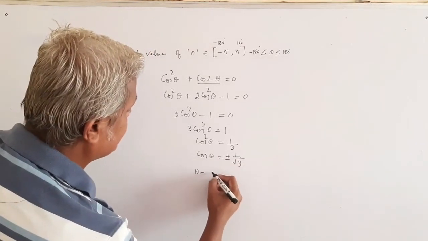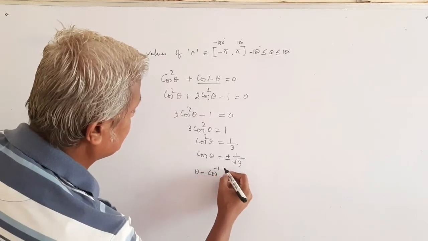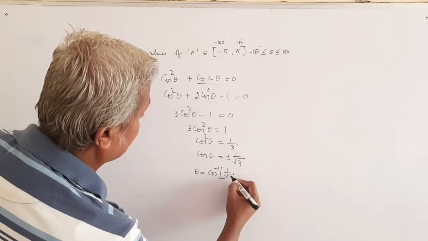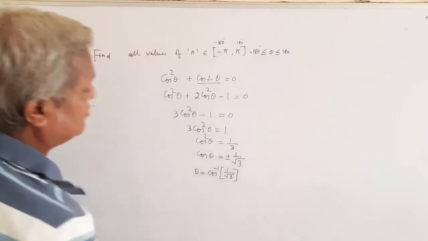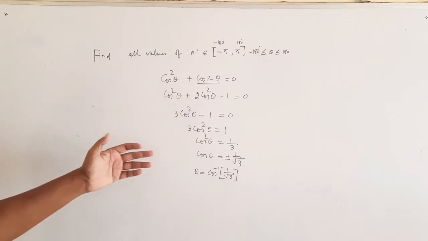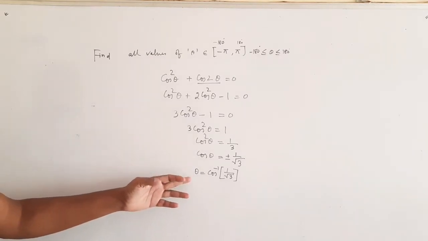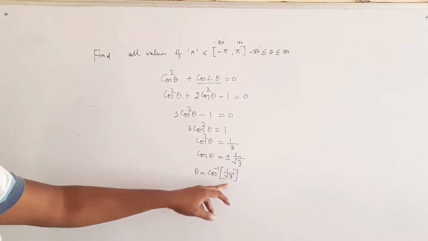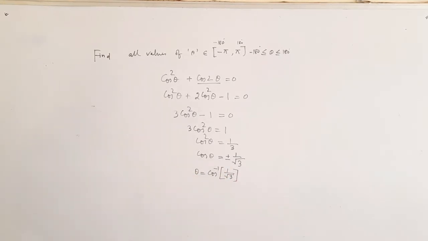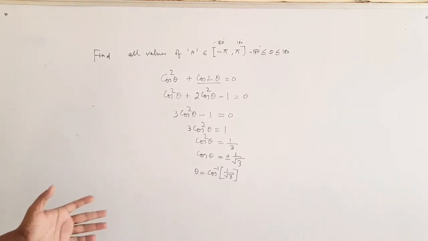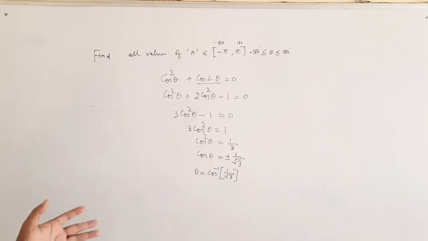Therefore theta is cos inverse 1 by root 3. Now in IGCSE you are allowed to use a calculator. So when you have found that cos theta is 1 by root 3, this will give you the angle in radians or in degrees depending on what you are feeding into your calculator.